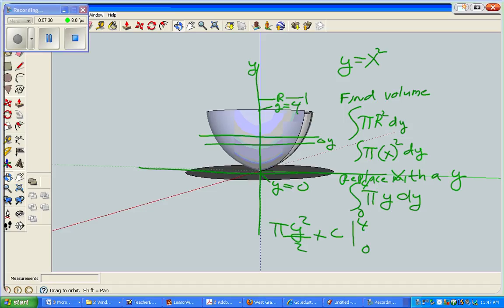We'll put in the numbers. Four squared is 16. 16 divided by 2 is 8. So you get an answer of 8 pi.